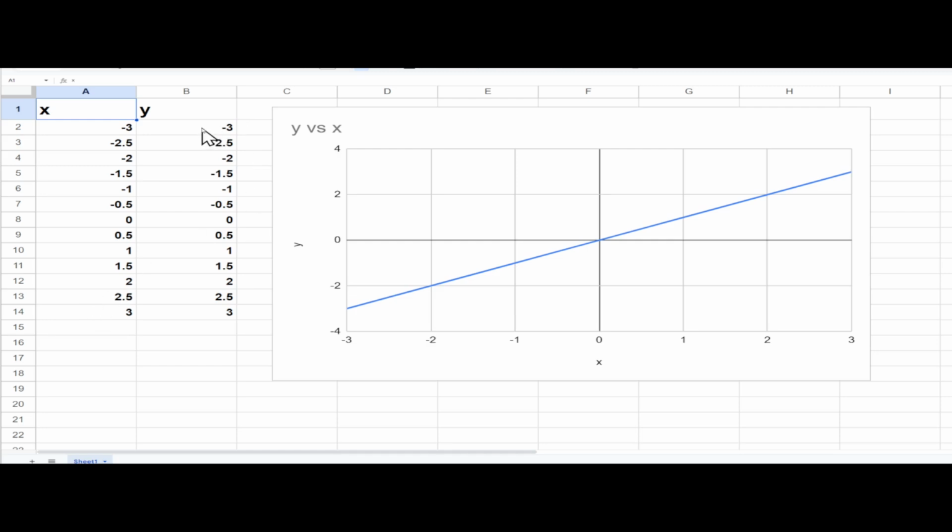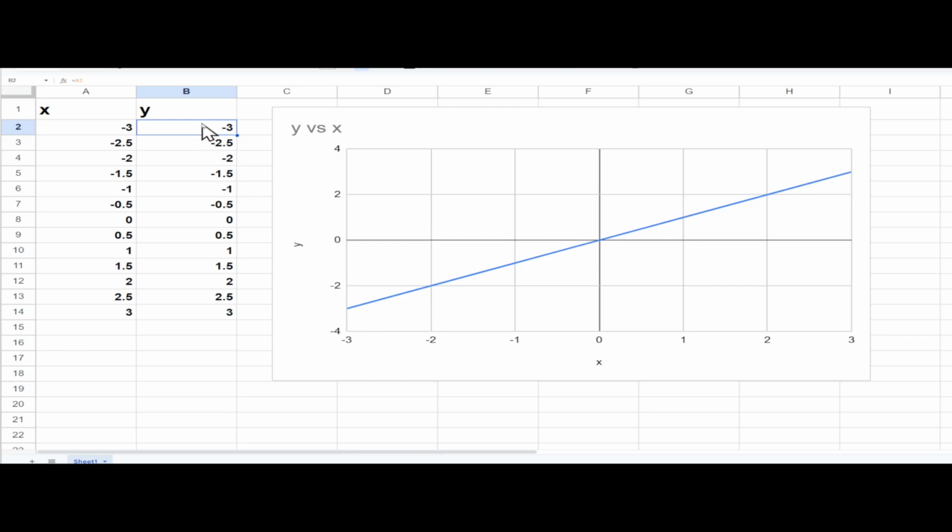And then I've come along and said, by putting it into this box here, let whatever goes in this box just be equal to whatever's in this box. So whatever's in this box is equal to whatever's in this box. And when we come to graph it, we get this nice straight line.